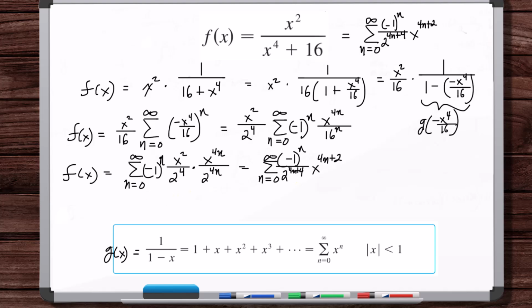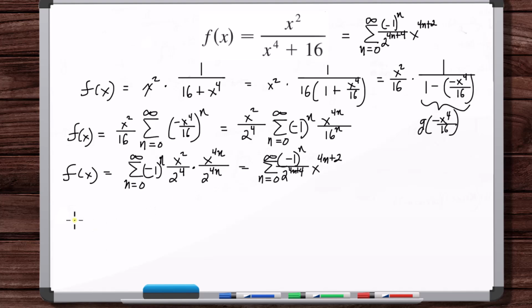We're going to do the ratio test. So, okay, we can just get rid of that minus 1 to the n, and we've got x to the 4, so we're substituting n plus 1 for n. So 4 times n plus 1 plus 2 is what? That's 4n plus 6.